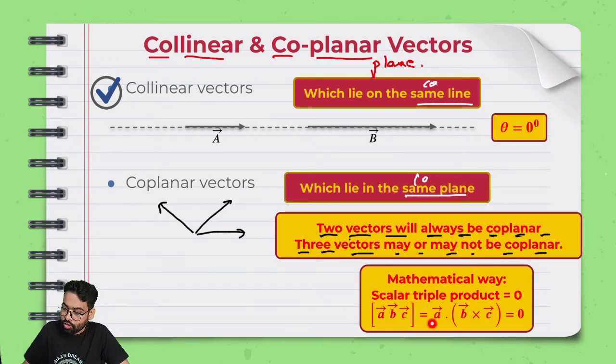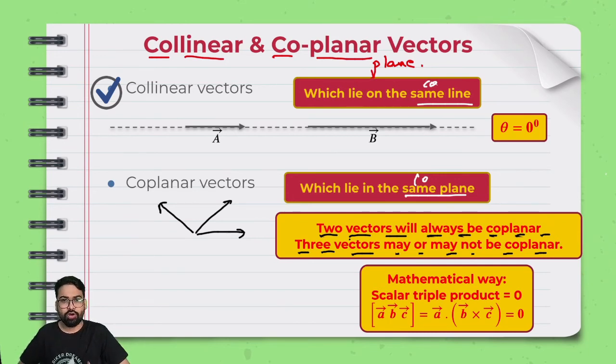This is A dot B cross C. B cross C is the vector product, and it would give you a vector. You have to take the dot product with vector A. If that turns out to be 0, you will say it is coplanar, else not. Anyways, we'll talk about that maybe once we study more maths. That is where we won't like to proceed.